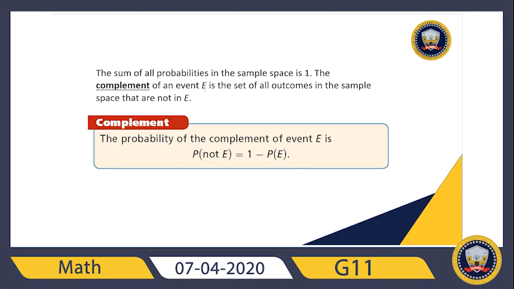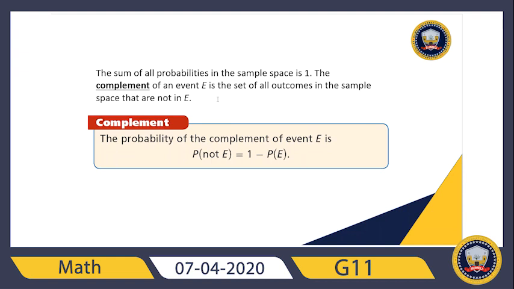For example, when we have a coin, the probability of having a head equals the probability of having a tail, and if you add these two probabilities, you will get 1. So always remember that the sum of the probabilities in any sample space is equal to 1. Based on this, we can define the complement of an event.